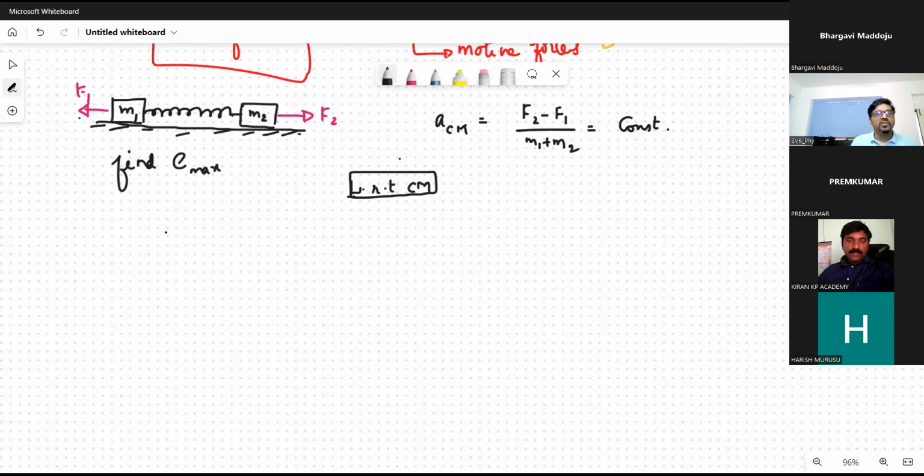So with respect to ground, if you observe, M1 will have velocity V1.